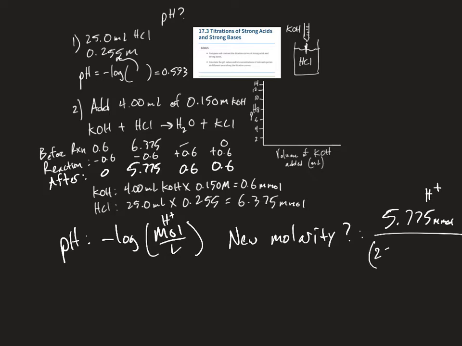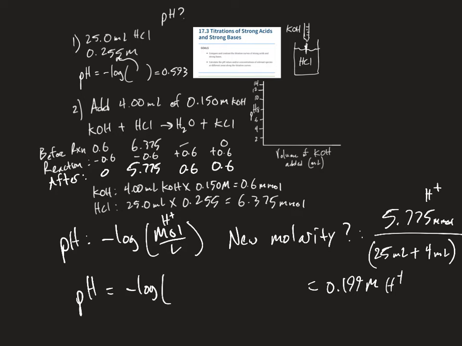Well, we had 25 milliliters, but we just added 4 milliliters of our KOH. So we have a new molarity, and it's about 0.199 molar H plus.